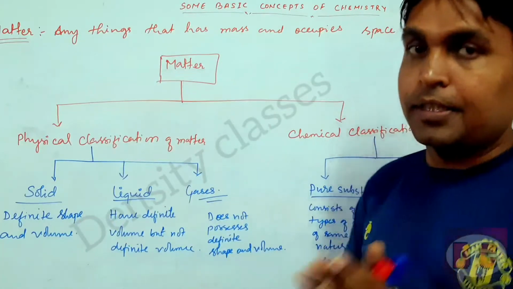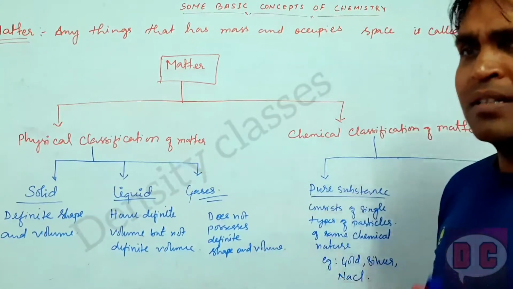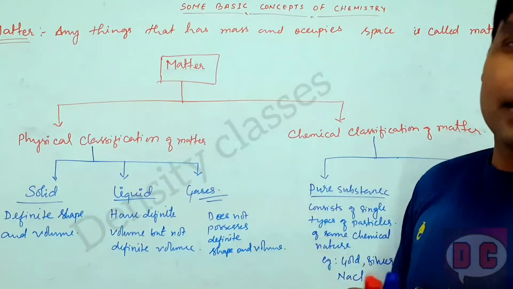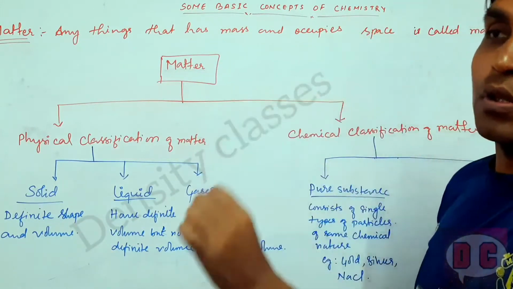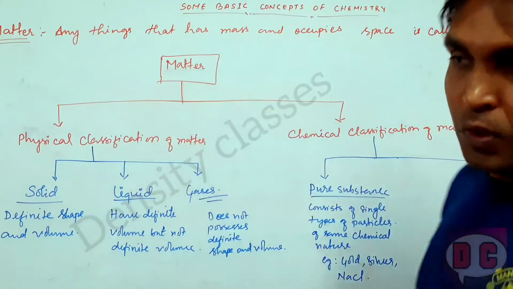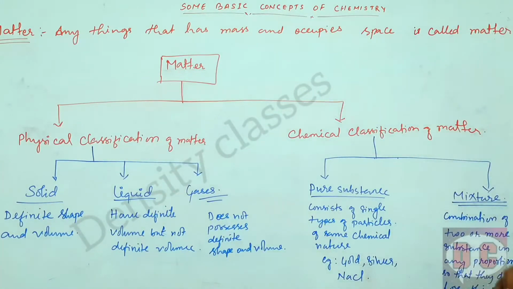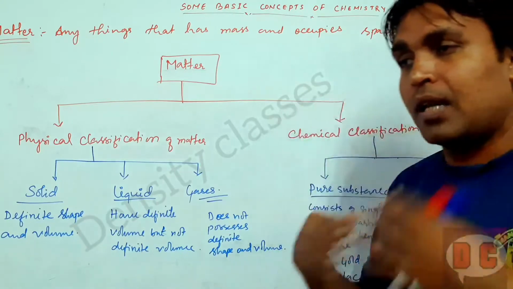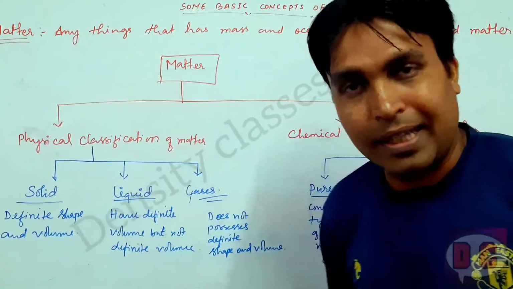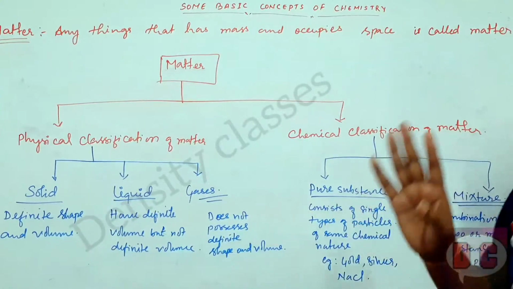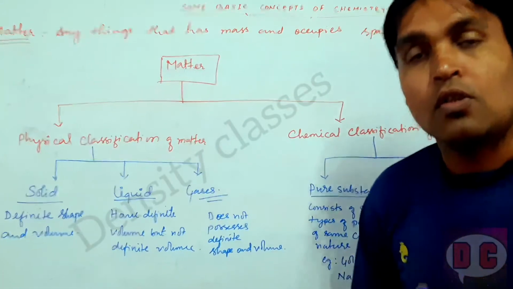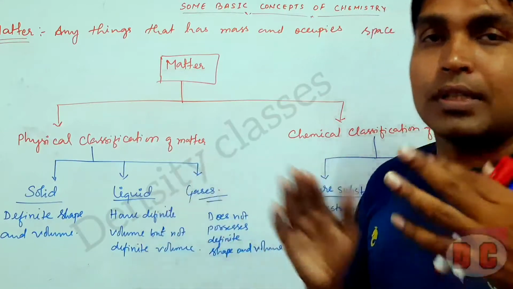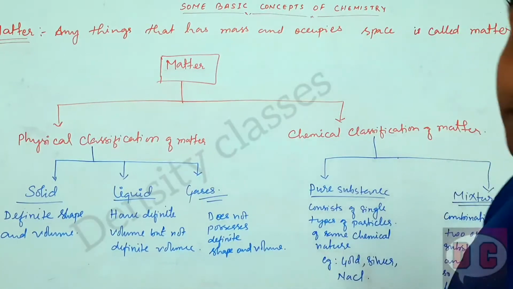That is the condition in a mixture. In whatever proportions you add does not matter. The only condition is that the components should not lose their identity, but the composition is not fixed. Whatever amount you want to add, you can go on adding. So these kinds of combinations in any proportions, we call a mixture, okay.